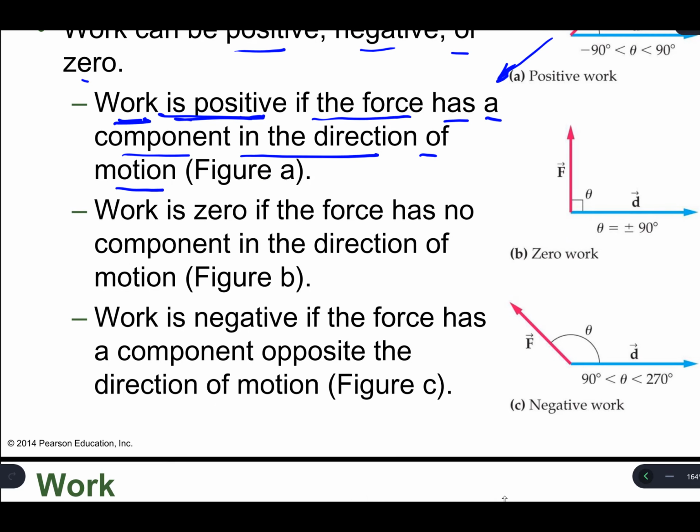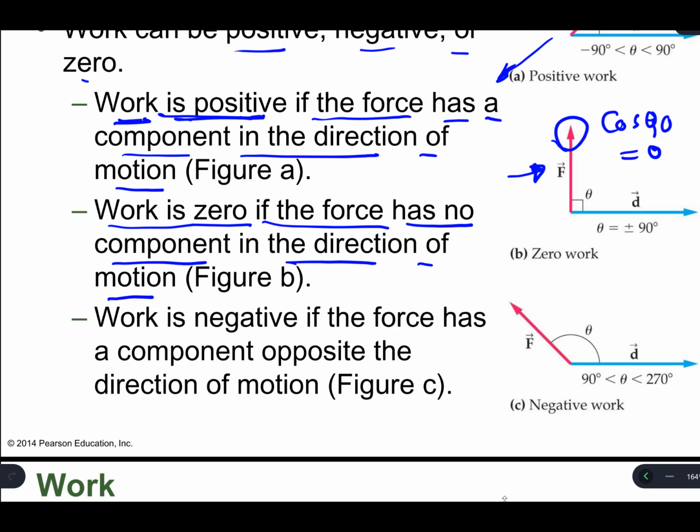What about if the force is perpendicular? Do you remember? We said cosine 90 equals 0. So no work is done when the force is perpendicular, up or down. So work is 0 if the force has no component in the direction of the motion.